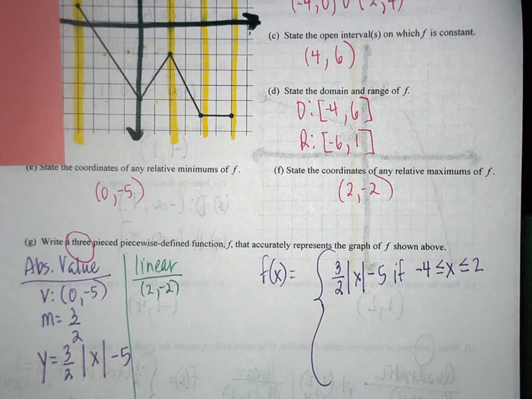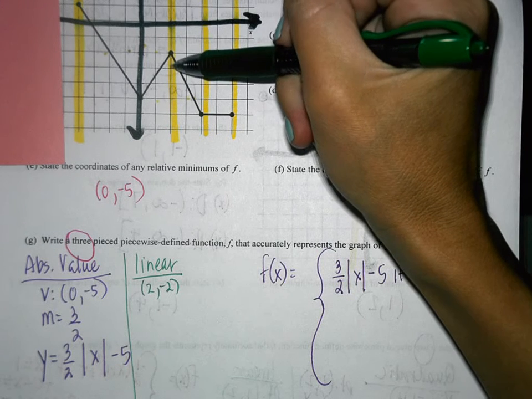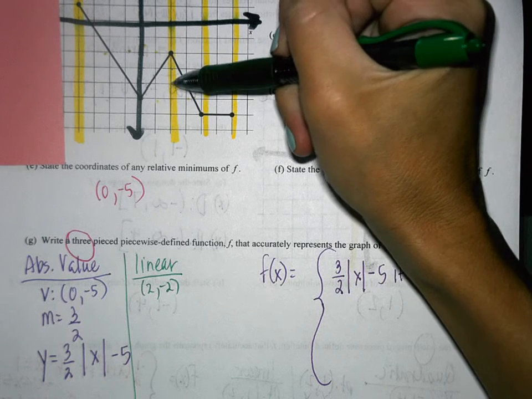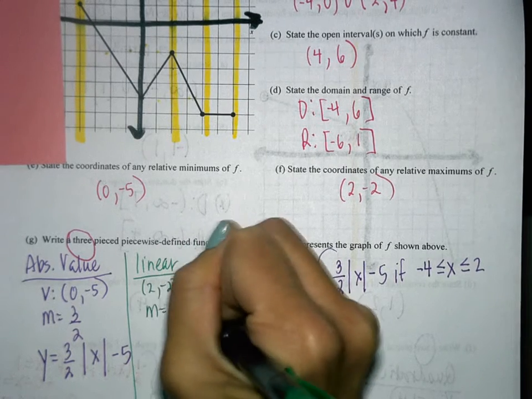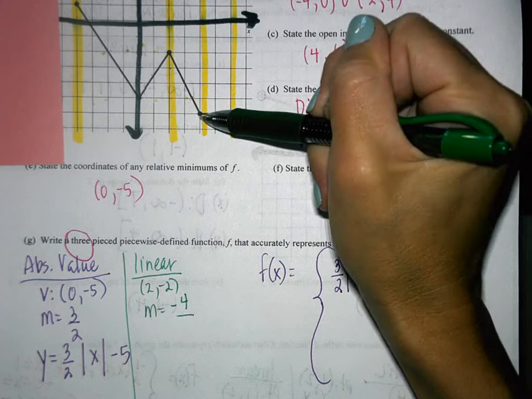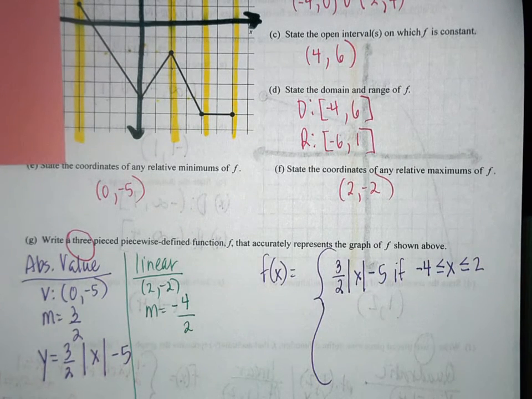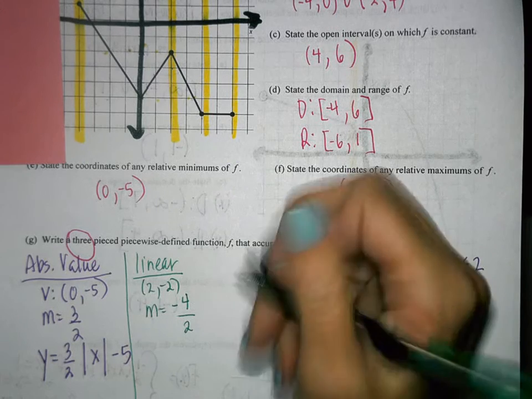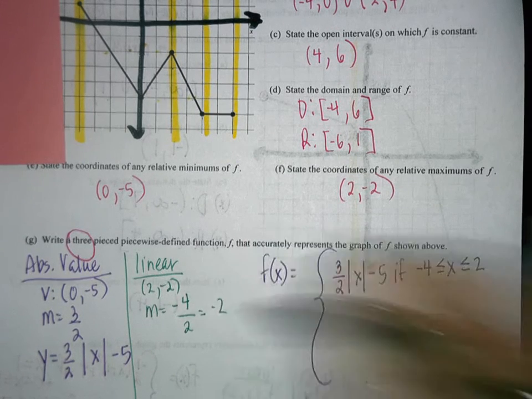My slope on this one is going down 1, 2, 3, 4. So m equals down 4, so that's -4, and then it goes right 2, which reduces to -2, right? -4 over 2 reduces to -2. Is everybody okay with that?